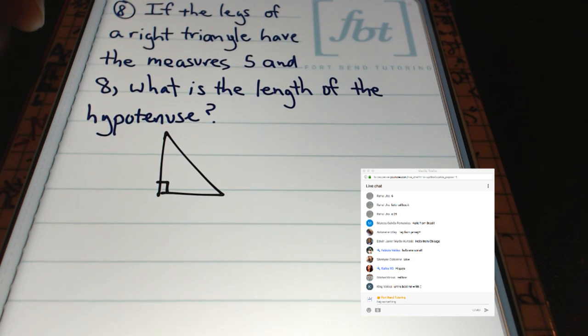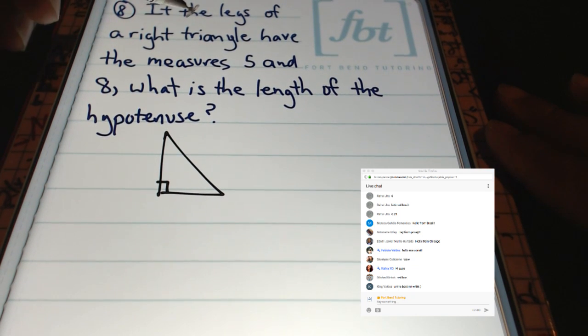I draw one because you want to feed yourself with as much information as possible in order to successfully complete the problem. So especially in geometry, guys, when you're given a word problem like this and they don't give you a diagram, draw one for yourself. Give yourself the advantage of having more information for your brain to process in order to get to the correct answer. All right. That's one great tip to keep in mind.